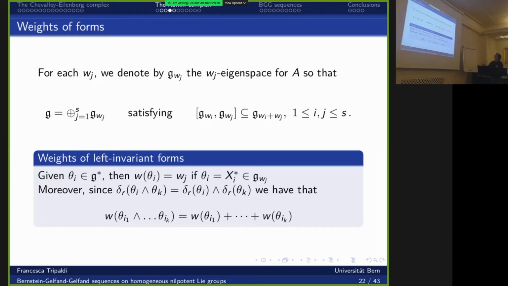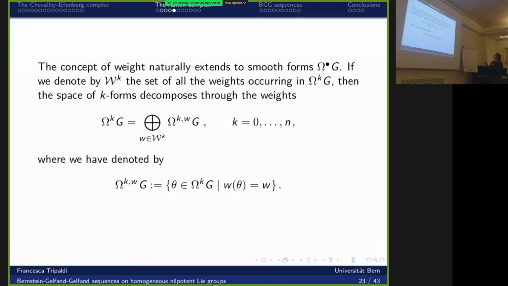And if an element belongs to this G star Wj, then it has weight Wj. And this extends in general to forms: for a k-form, you just take the sum of the weights of each form. And then you extend it to smooth forms, right?